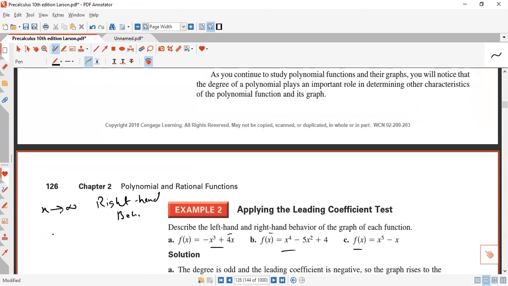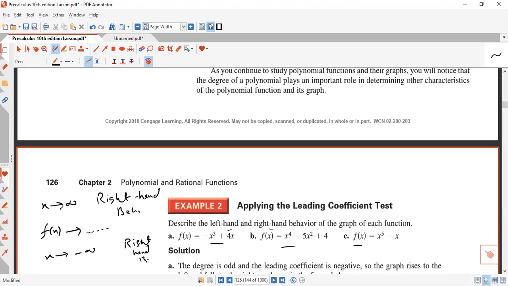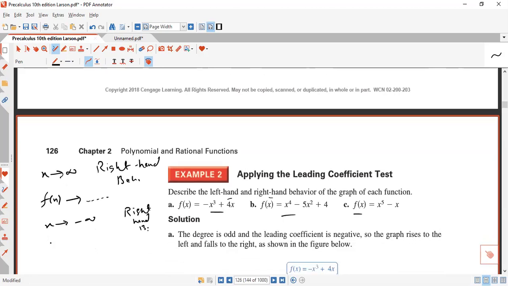So you have to tell where the function goes, filling in the blank. That will be the answer for the right-hand behavior. In the same way, if x tends to negative infinity, this is known as the left-hand behavior.